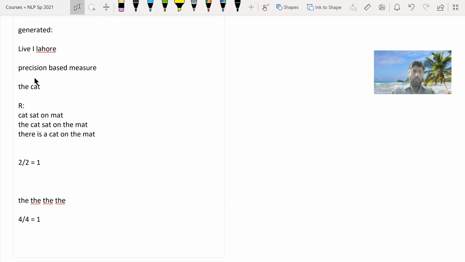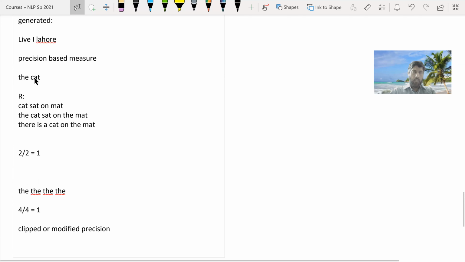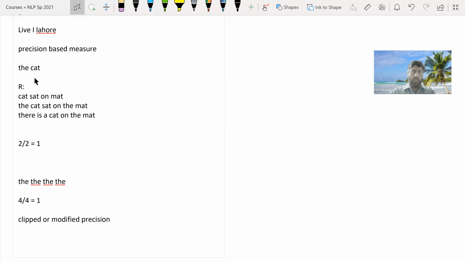They clip the precision, and they call this the clipped or modified precision. So how do they clip it? If a word is repeated multiple times in the generated text, we only count it to the extent that it is repeated in the references. So "the" appears at most 2 times in a single reference. In "the cat sat on the mat", "the" appears 2 times.